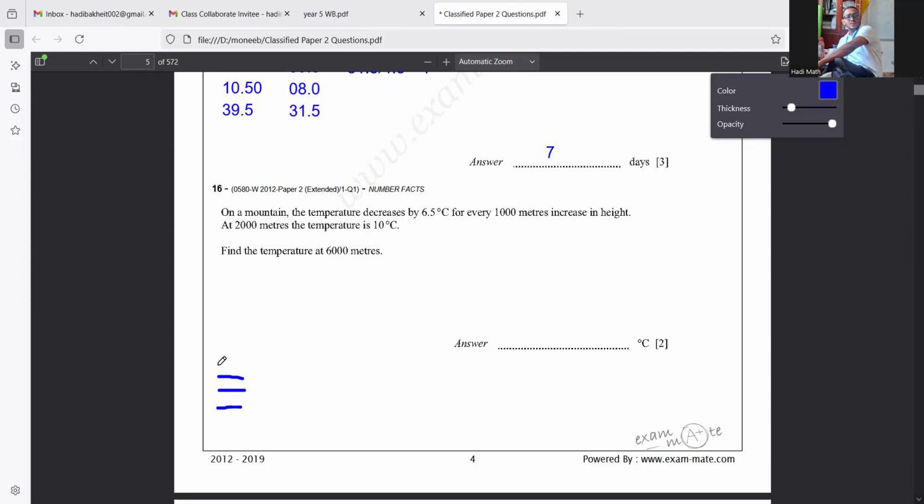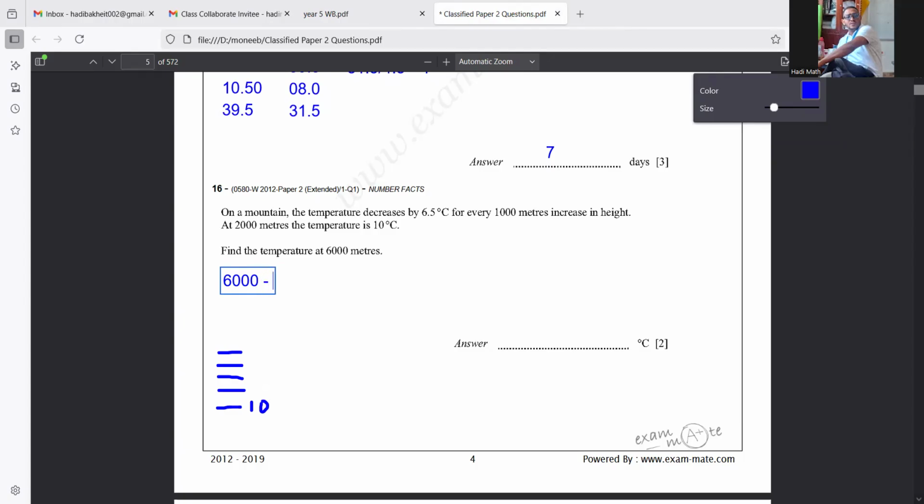This is 5,000. This is 6,000. At this point, it was 10. Then every time you subtract 6.5, like 1, 2, 3, 4.